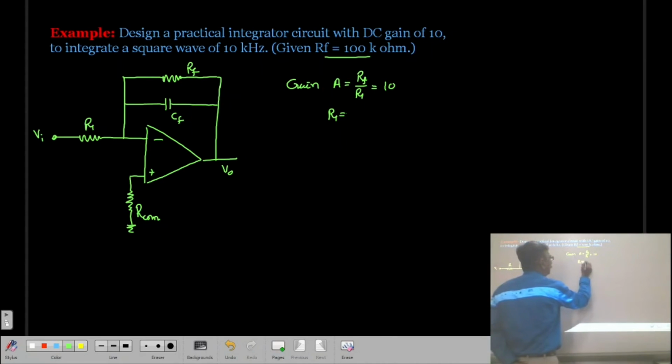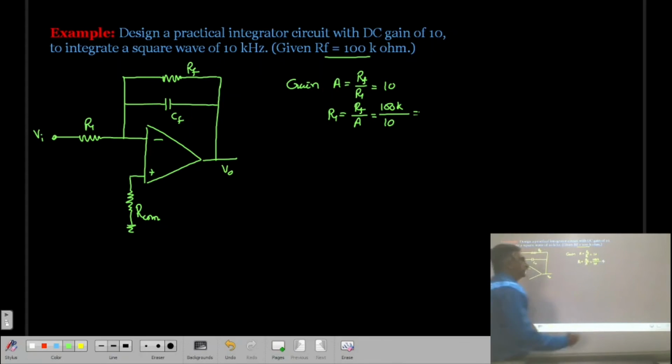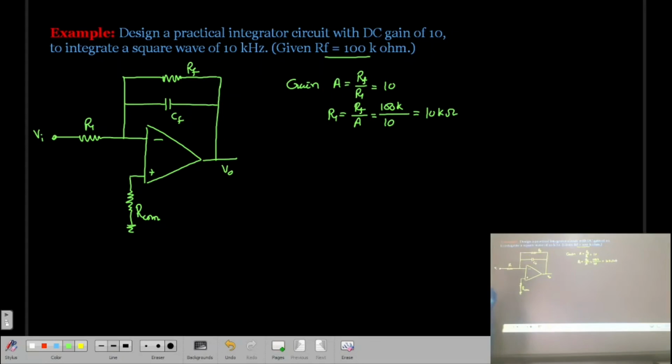So R1 is equal to RF by A. RF is 100 kilo ohm and divided by gain 10, so you will get R1 as 10 kilo ohm. Means we have calculated RF, RF is 100 kilo ohm, then R1 is 10 kilo ohm.